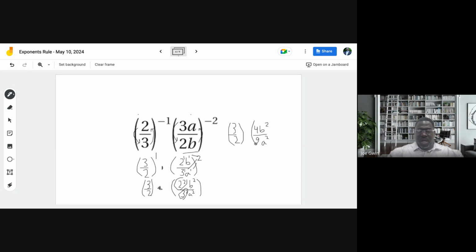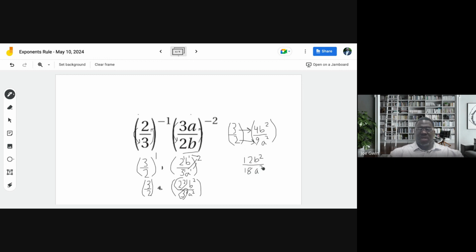We are multiplying, so now we just multiply horizontally. 3 times 4 gives us 12, and then we have our b squared. So really you're saying 3 times 4b squared is 12b squared, divided by, then we multiply horizontally again, 2 times 9 is 18, and we have a squared.